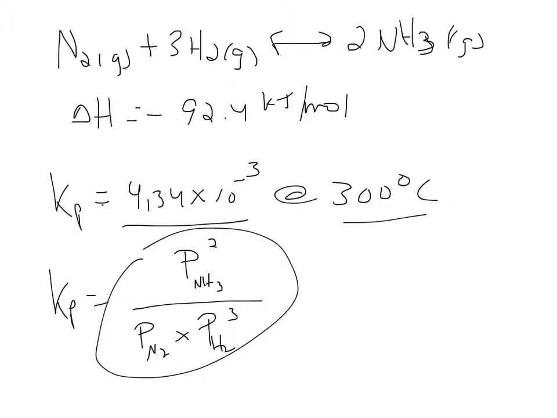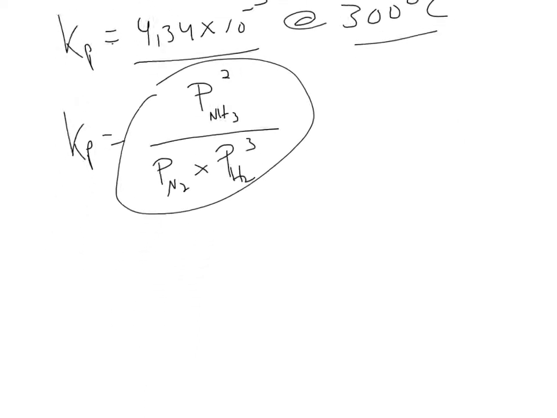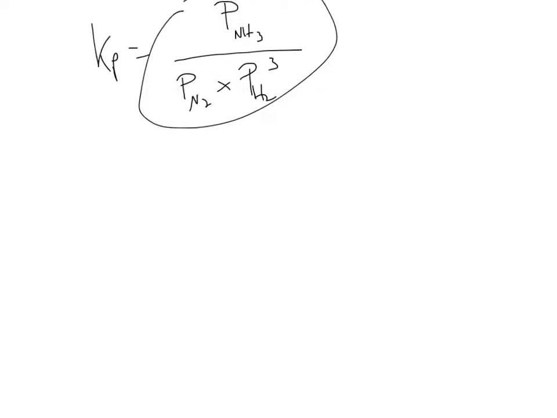Okay, so let's say that I add more nitrogen. Well, actually, let me scroll this whole thing up. And let's say that my equilibrium amounts, so at equilibrium I have nitrogen, hydrogen, ammonia.